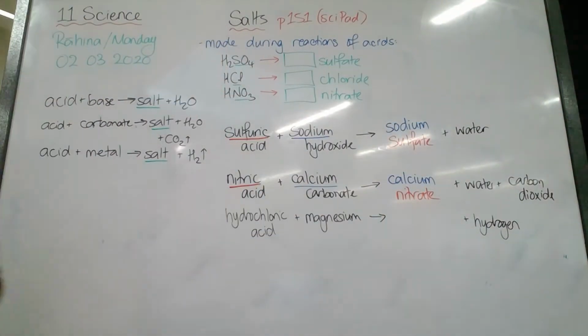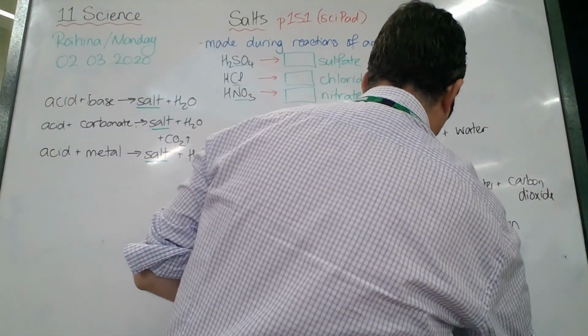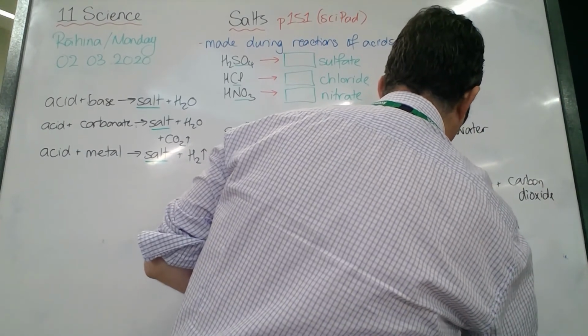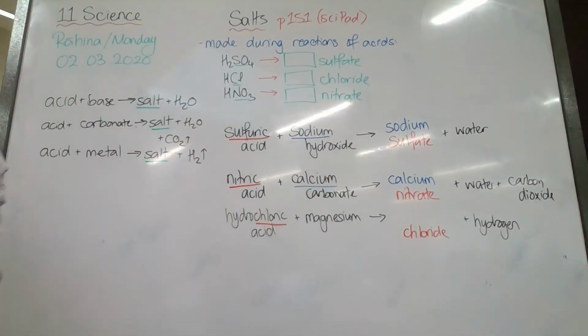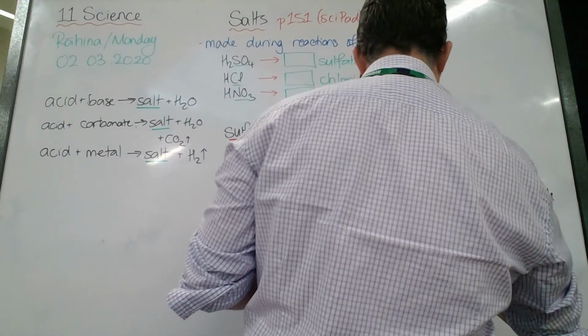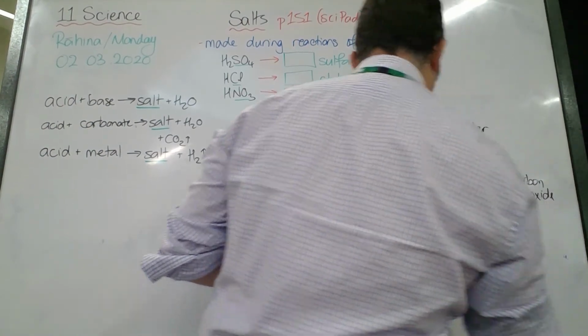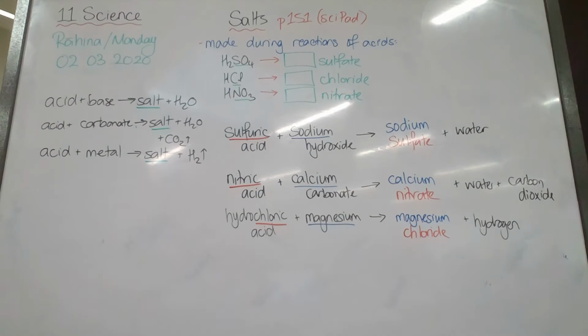So how do I get the name in here? Well, hydrochloric means it's got a chloride in it. And there's only one name there, so the really convenient thing is I just move it across. The magnesium gets turned into magnesium ions, to make magnesium chloride. And there would be my salt for this.